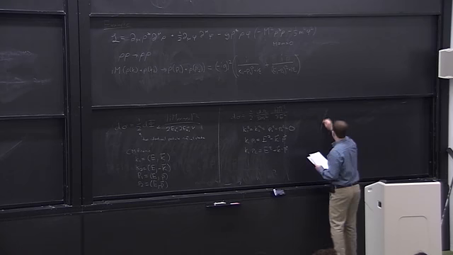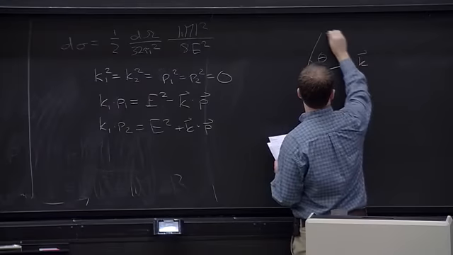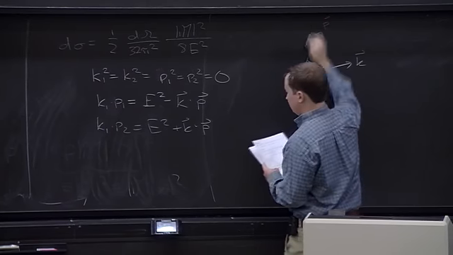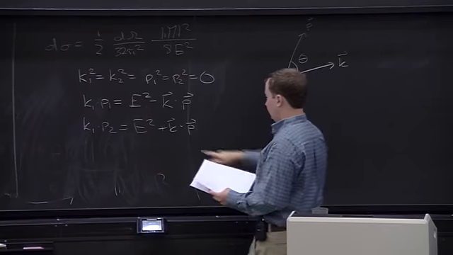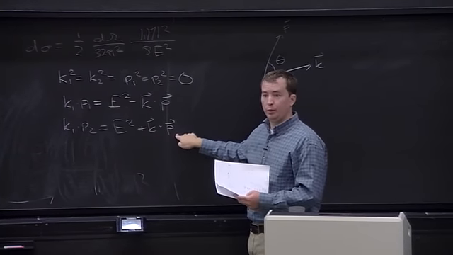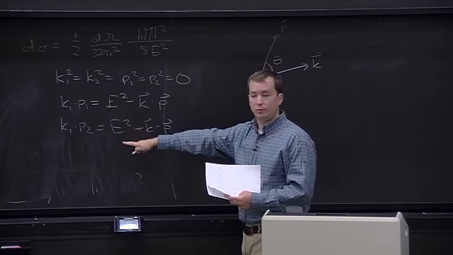And we can assume that there's some angle theta between k and p. And we know that the magnitudes of k and p are both E, since these are massless particles.